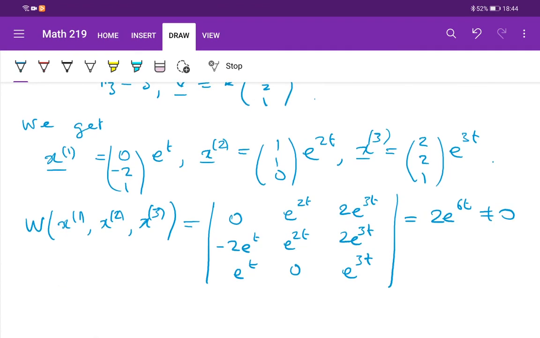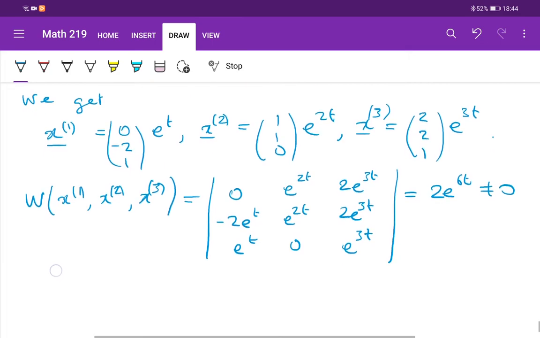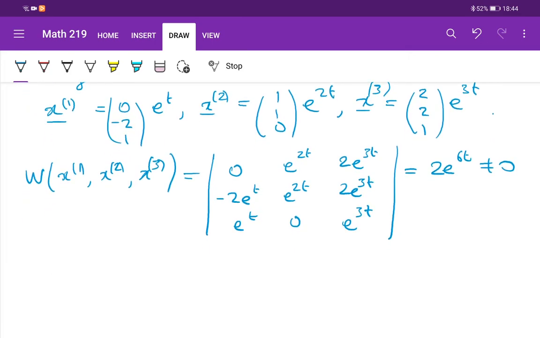We know that the basis should consist of three linearly independent solutions. So in particular, x1, x2, x3 is a basis for the space of solutions.